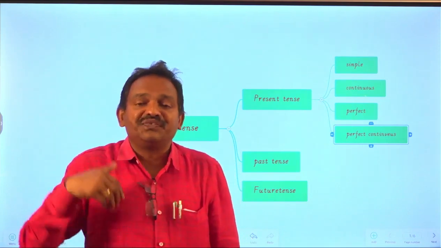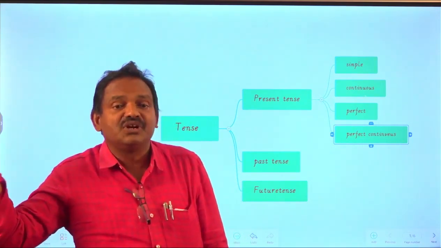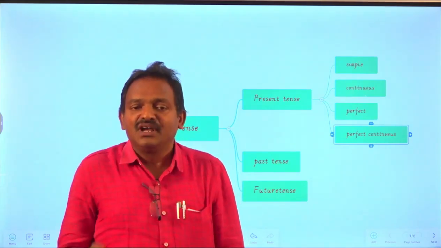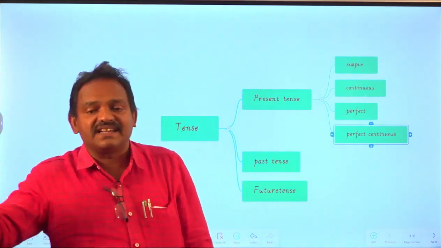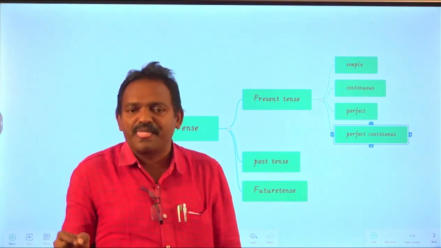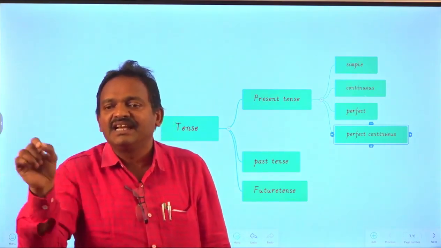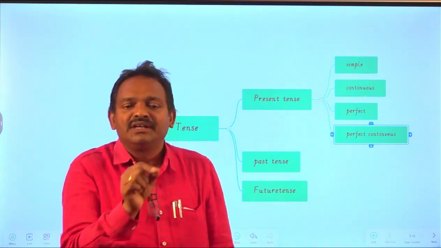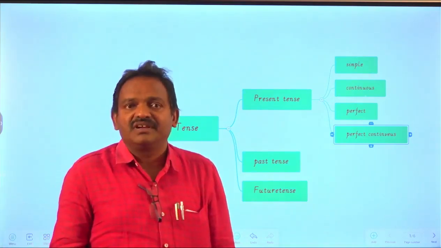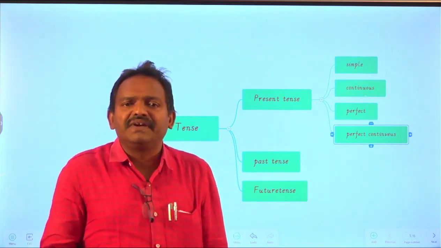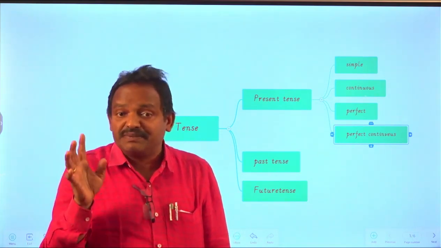If there is no main verb in the present tense, we have to use the helping verbs of the present tense. "Slow and steady wins the race." It is a proverb, so the verb adds S or ES. So these three uses, habitual actions, statements and proverbs, and universal truths, must be expressed in simple present tense.